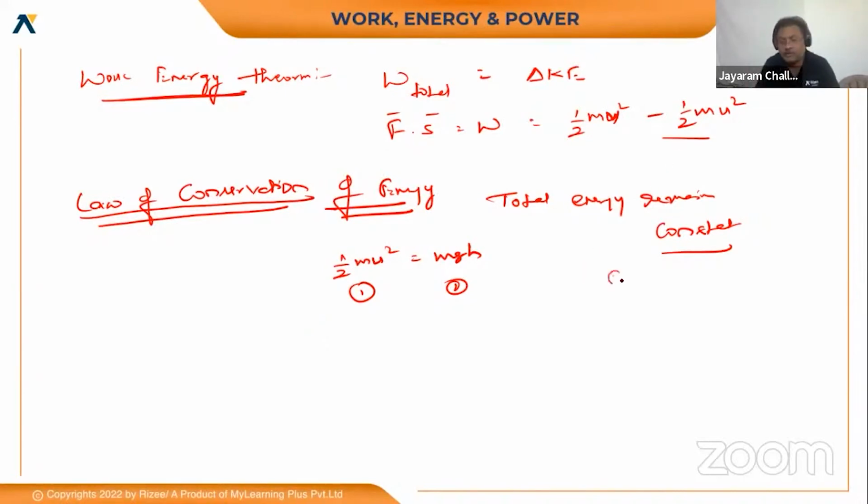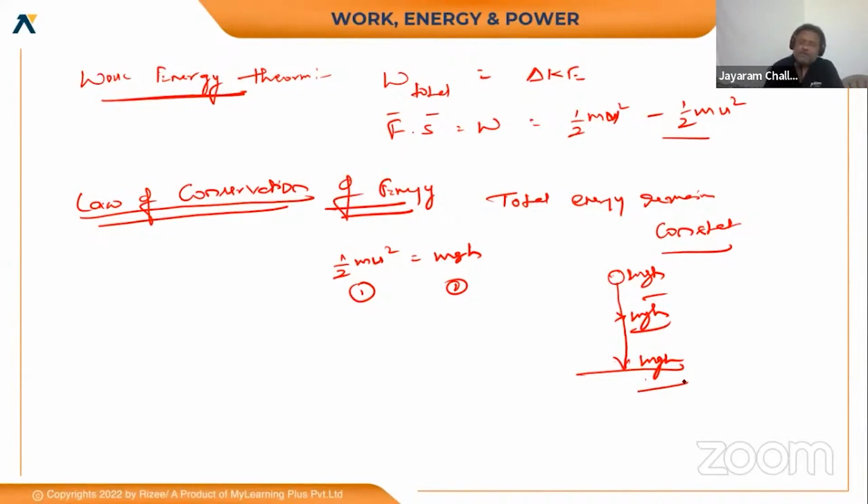You know the famous 8 marks question for the first year, freely falling body, law of conservation of energy. At every instant, what sort of energy is it going to have? The energy which is coming down is in the form of mgh. When the body is projected vertically upwards, then the energy is in the form of kinetic energy.